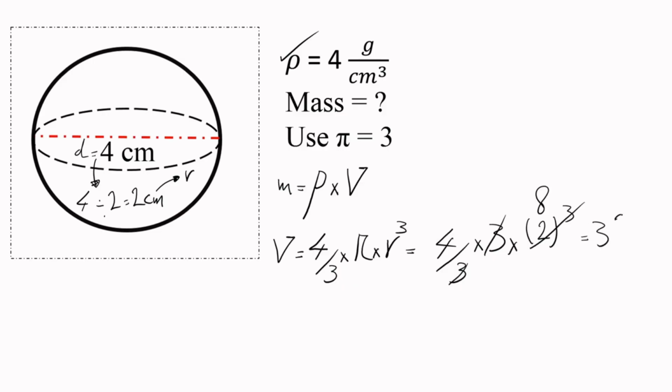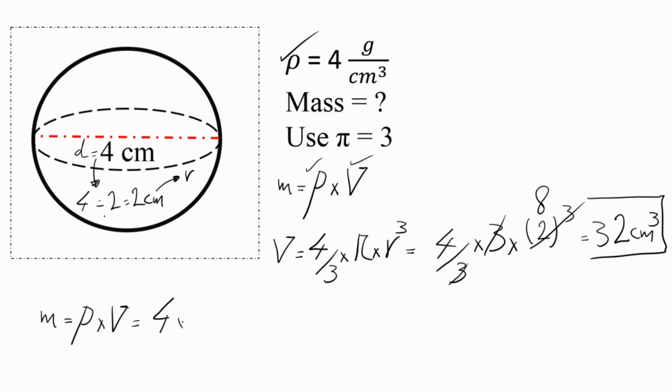I'm going to have 32 cubic centimeter because I have diameter based on centimeter. Now I have volume and I have density. So M is going to be rho times V. Units are corresponding. 4 times 32, it's going to be 128. And you know that the unit is going to be gram.